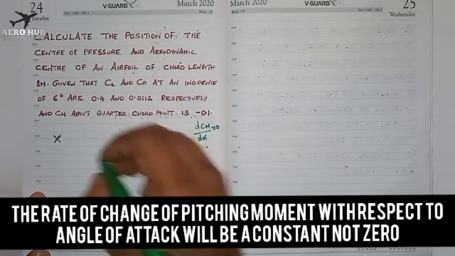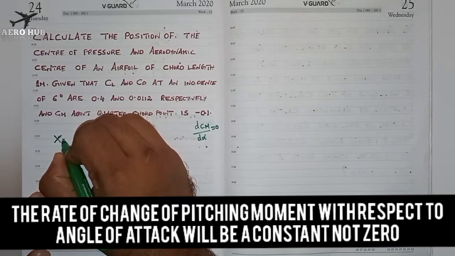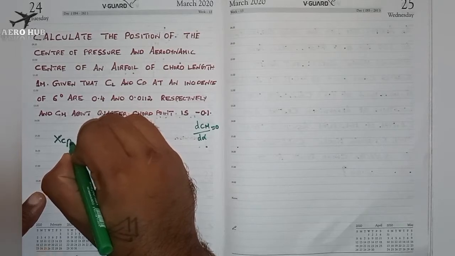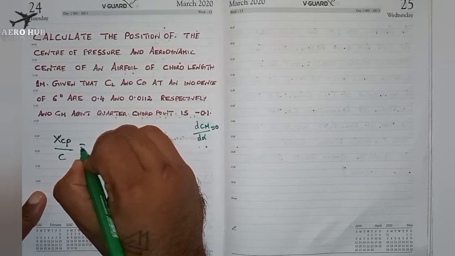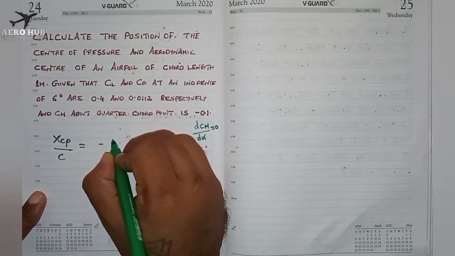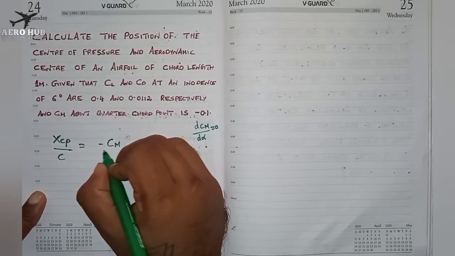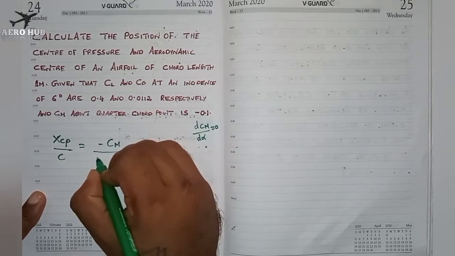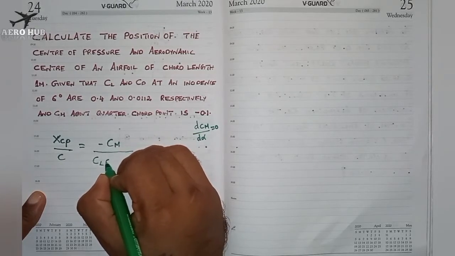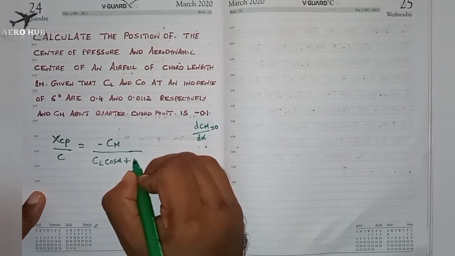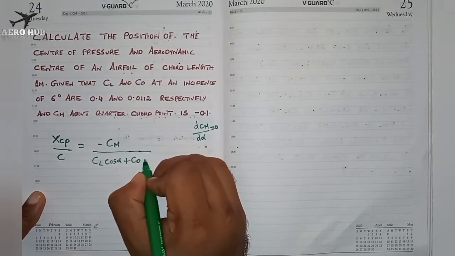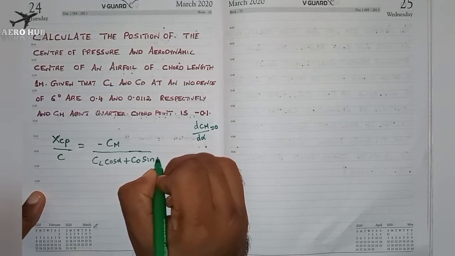Okay, so first of all we will find out the value of center of pressure, that is xCp by C. This is the formula: equal to minus of Cm divided by Cl cos alpha plus Cd sin alpha.